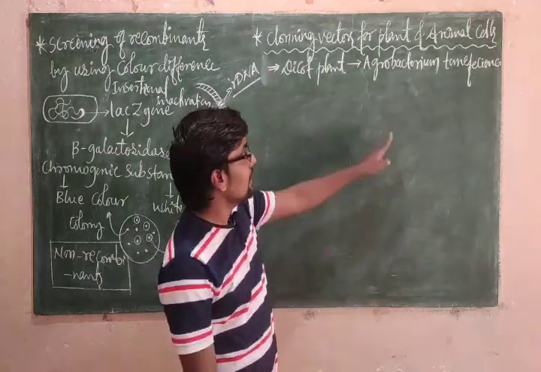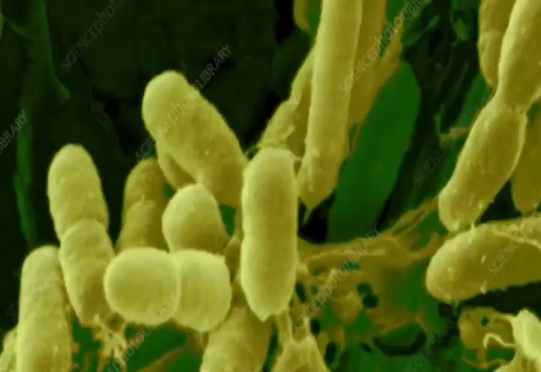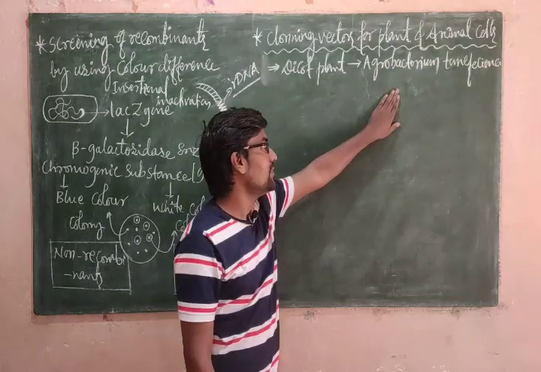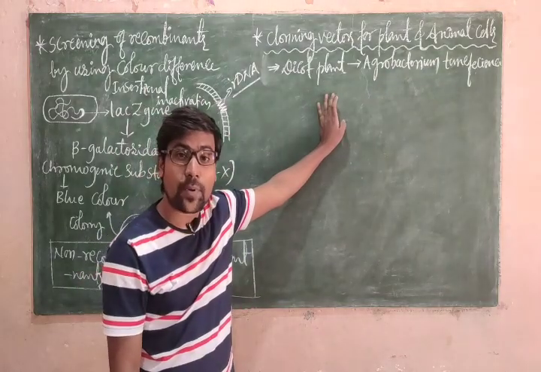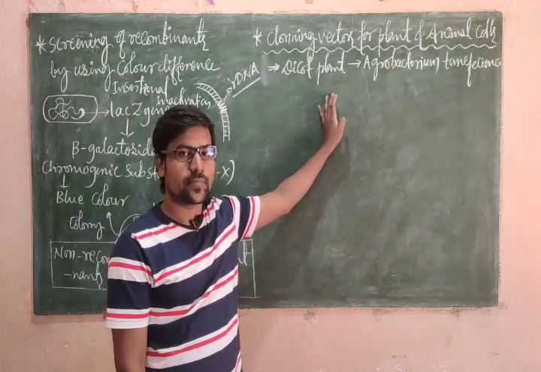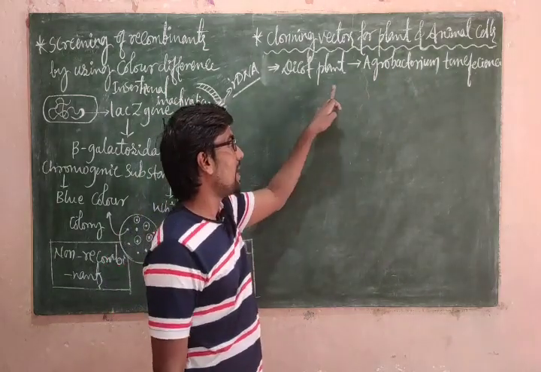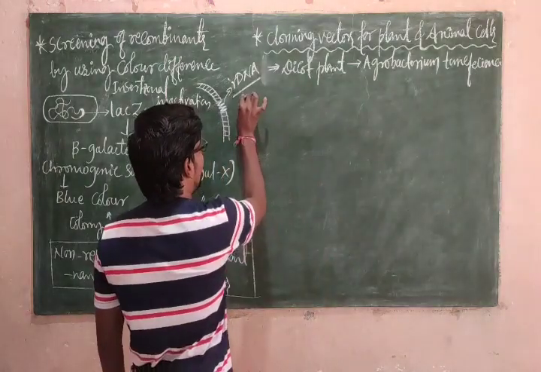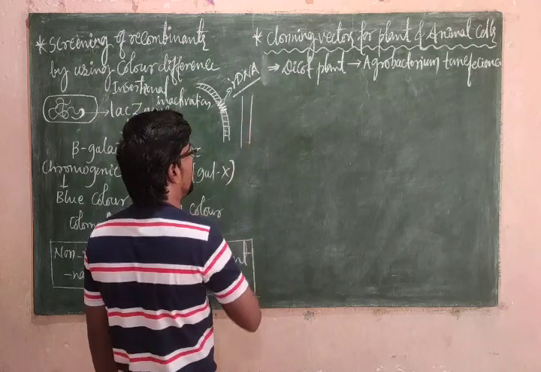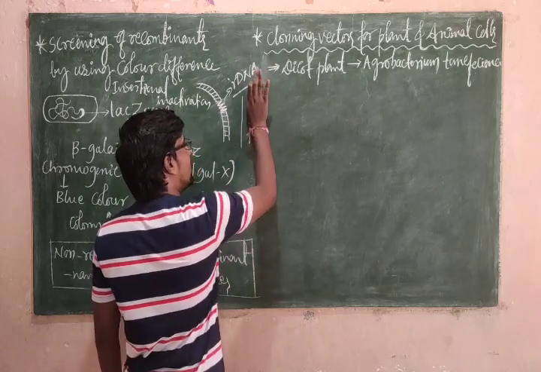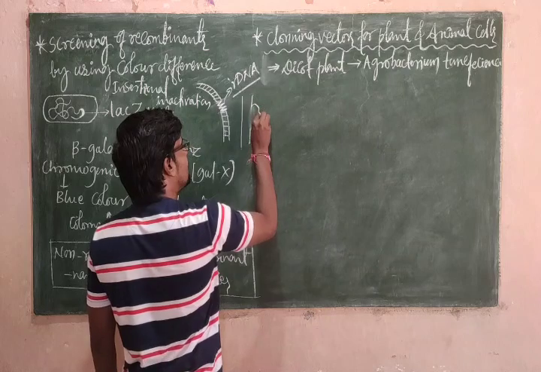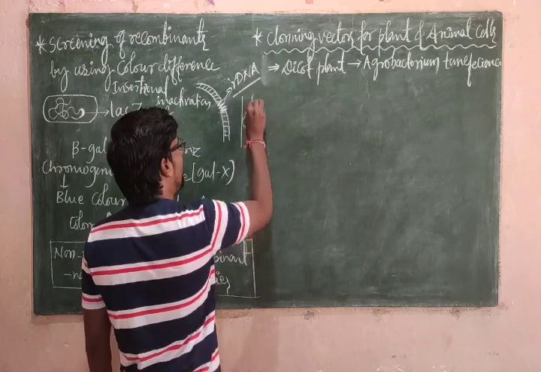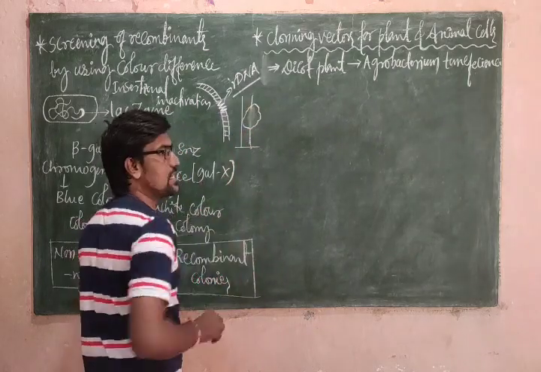Agrobacterium tumefaciens. This is one soil bacteria, a rod-shaped bacteria normally present in the soil, and that bacteria will affect the dicot plant through the roots, right? And when this bacteria affects the dicot plant, say for example, if this is the stem of the dicot plant, in the stem at some places we can see this kind of formations on the stem.